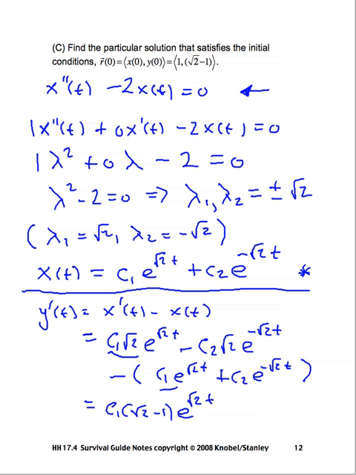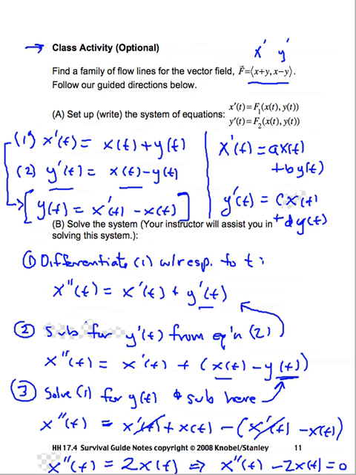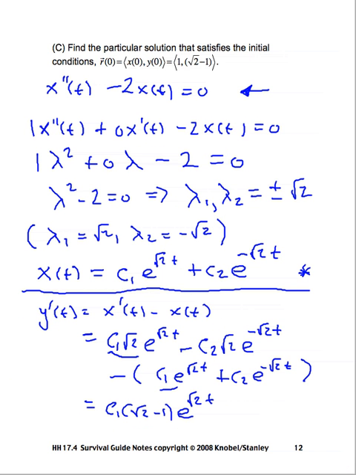Let's see here, let me go back a page. y of t was x prime minus x. I've got a prime here that doesn't belong there. Just fix this. So let's see here. So that's c1, and then the second component of y.